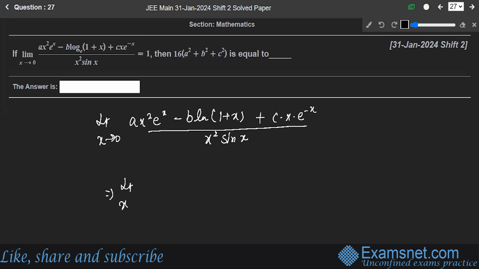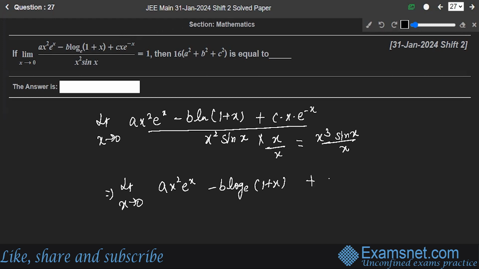Let's do one thing, limit x approaching 0. I'll do it over here only. I'll multiply the numerator and denominator by x. So the denominator will become x cubed times sin x upon x. And now the numerator will be a x square into e power x minus b log e 1 plus x plus c into x into e power minus x, divided by a x cube.